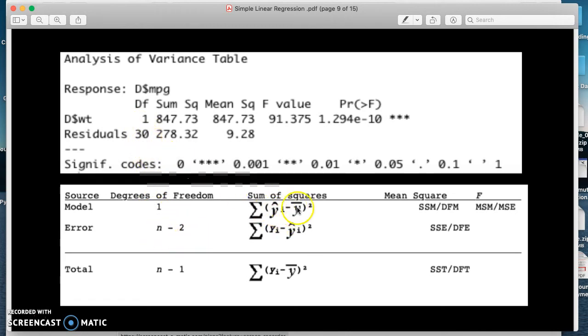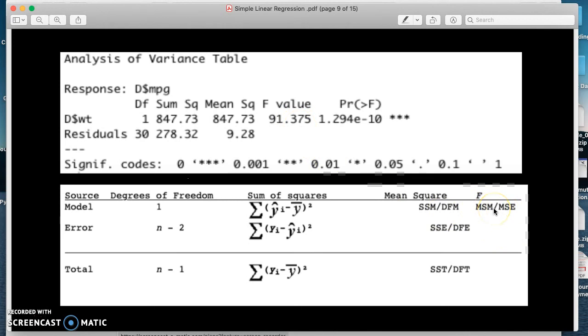You also see the sum of squares here, and this corresponds to this, and this corresponds to this, and our F value is 91.37, which is what we have here.